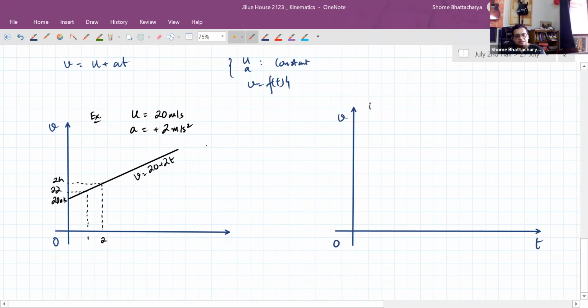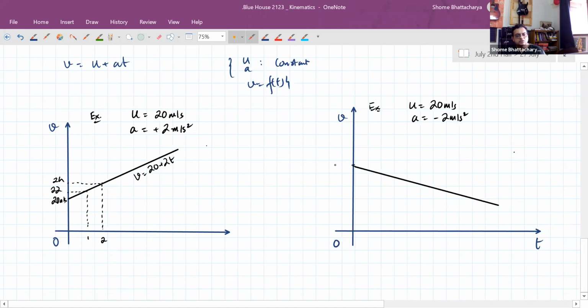Now likewise, suppose I have an example where the initial velocity is again 20 meters per second. The acceleration is minus 2 meters per second squared. So this is a case where we are uniformly decelerated. It will be a straight line but with a negative slope. Right now I'm not worried about whether the object is finally coming to rest, so I've just taken some arbitrary time. The graph may go beyond this also, doesn't matter.